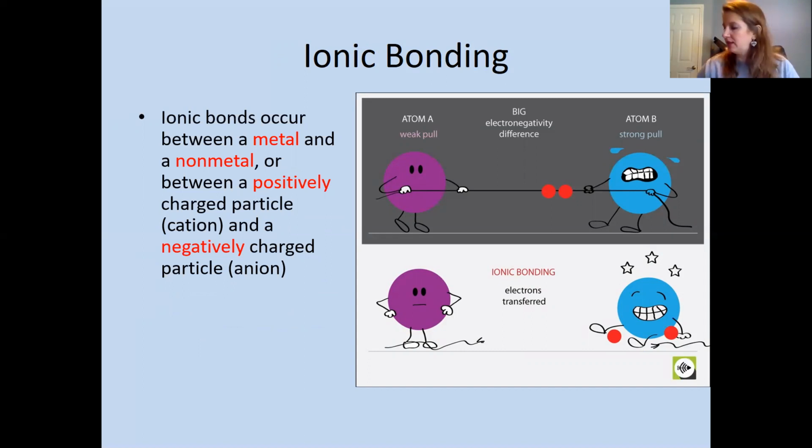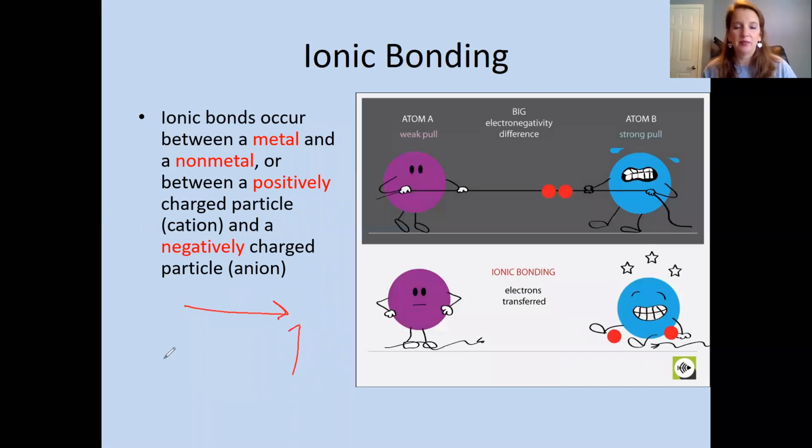And we know that the electronegativity, let me just draw on this here for a second. The electronegativity trend increases to the right of the periodic table and up. We know that metals are over here, and we know that the nonmetals are over here.